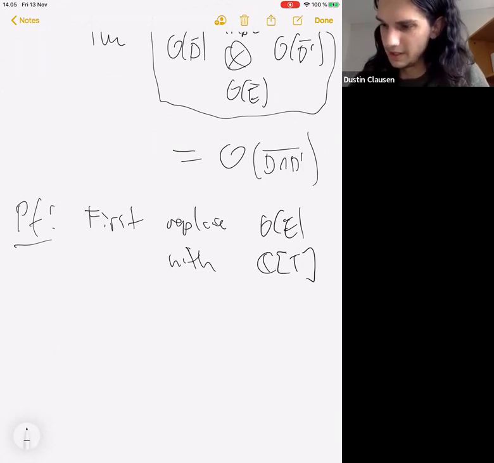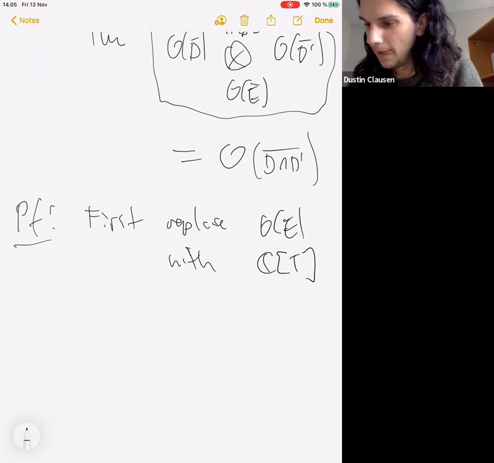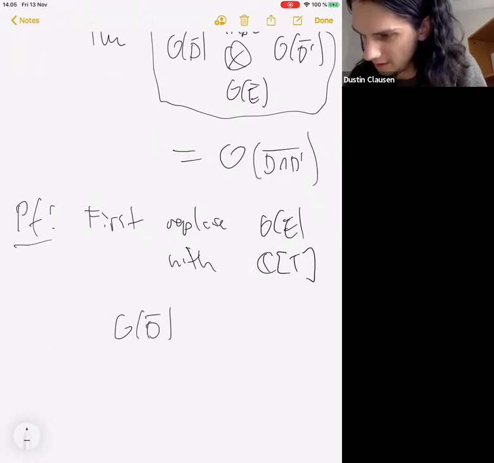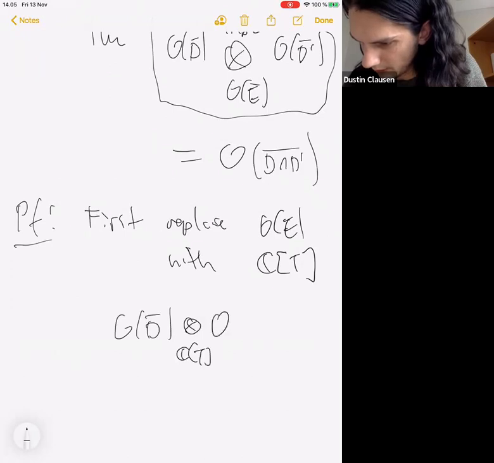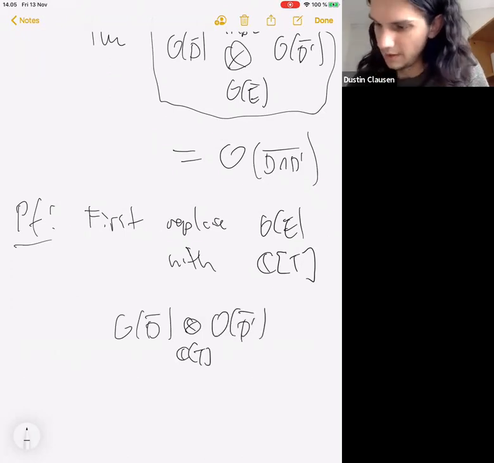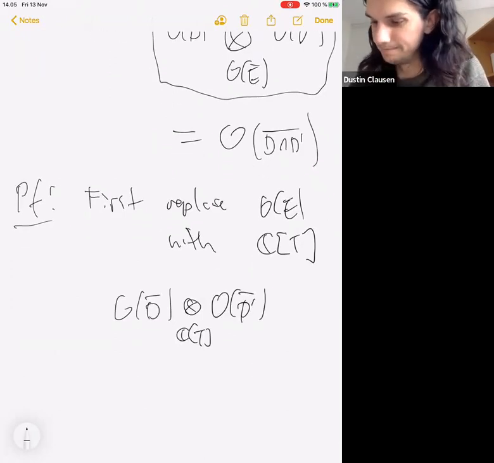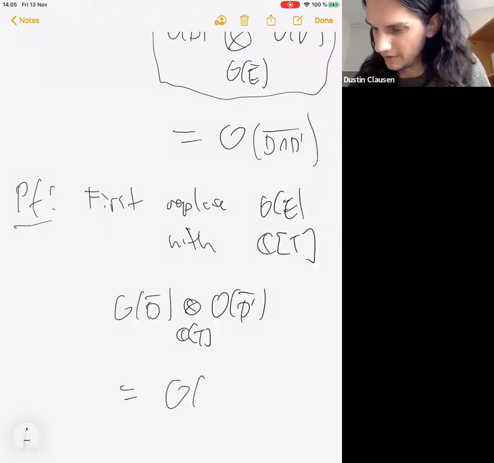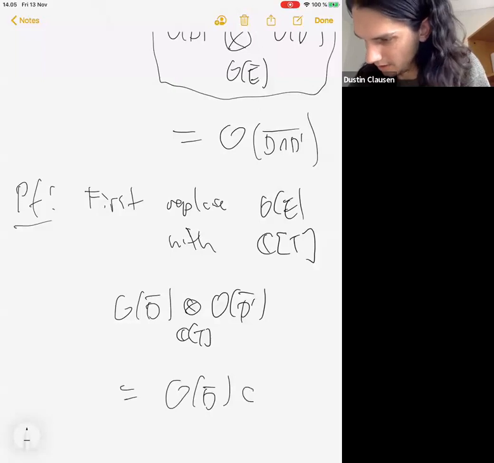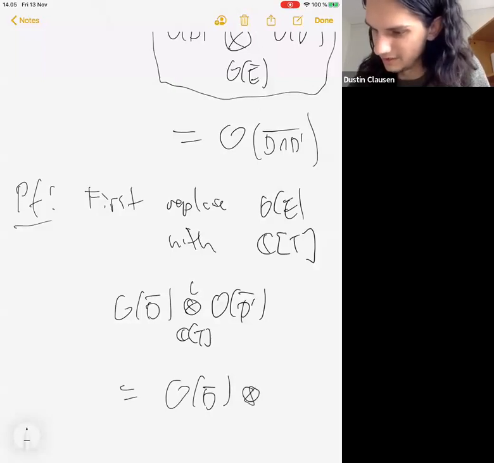So first replace this with this. And this is just the underived tensor product.